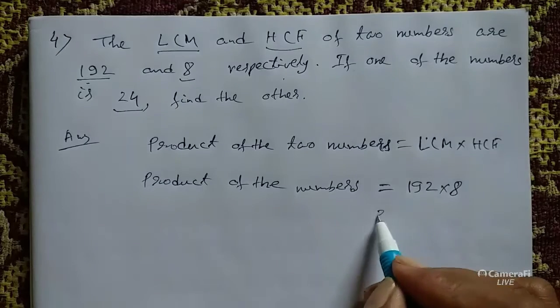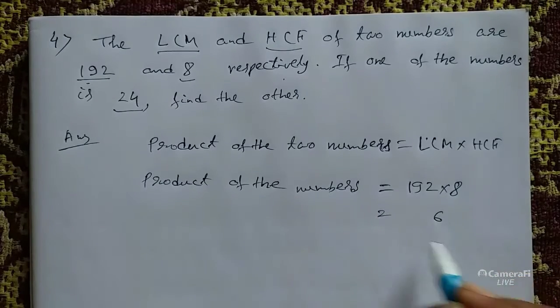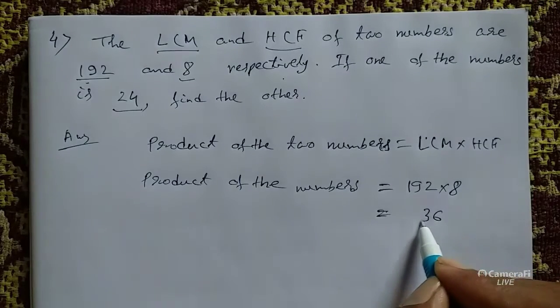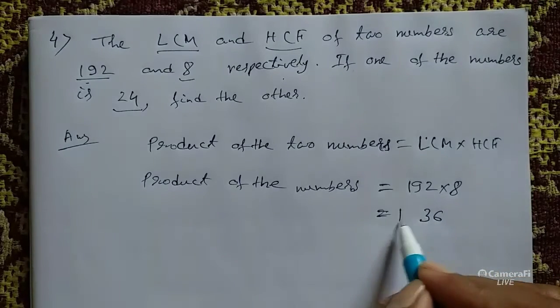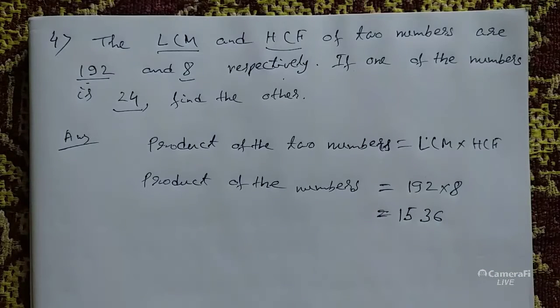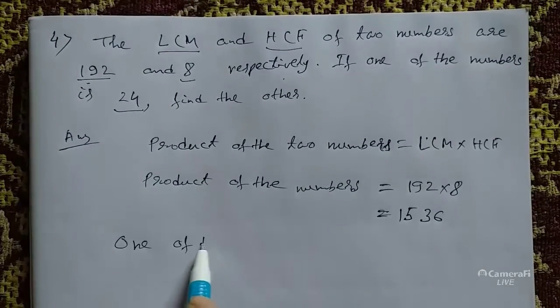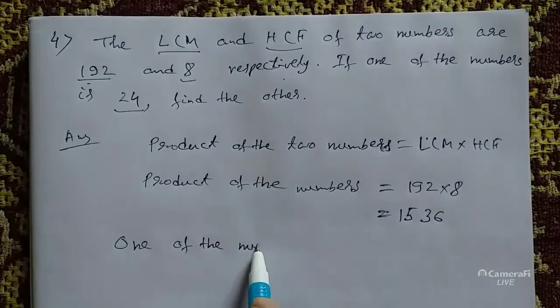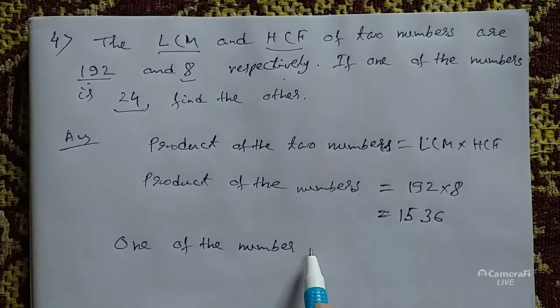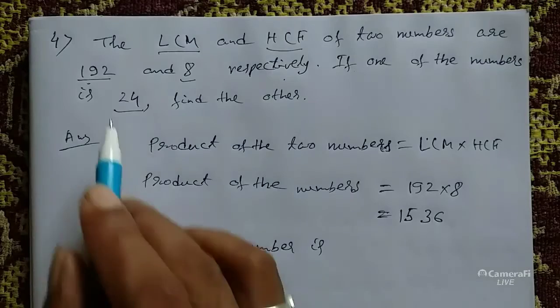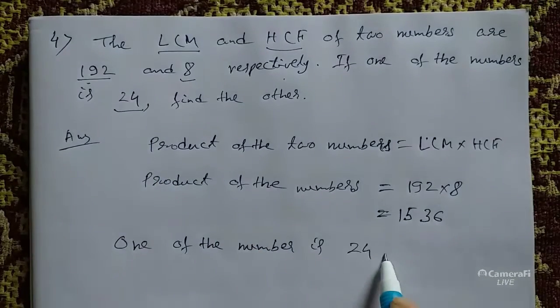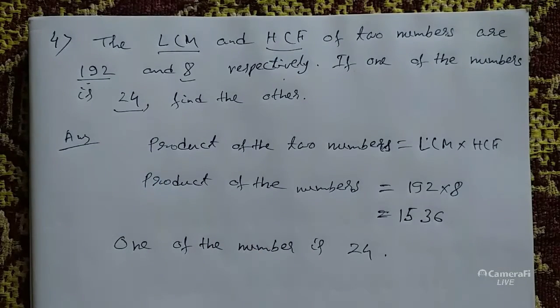Let us multiply it. 8 2 is 16, 6, 1 carry, 8 9 is 72 plus 1 is 73, 7 carry, 8 1 is 8 plus 7 is 15. 1536 is the product of the two numbers. Now one of the numbers is given. What is it? 24. So we have to find the other number.